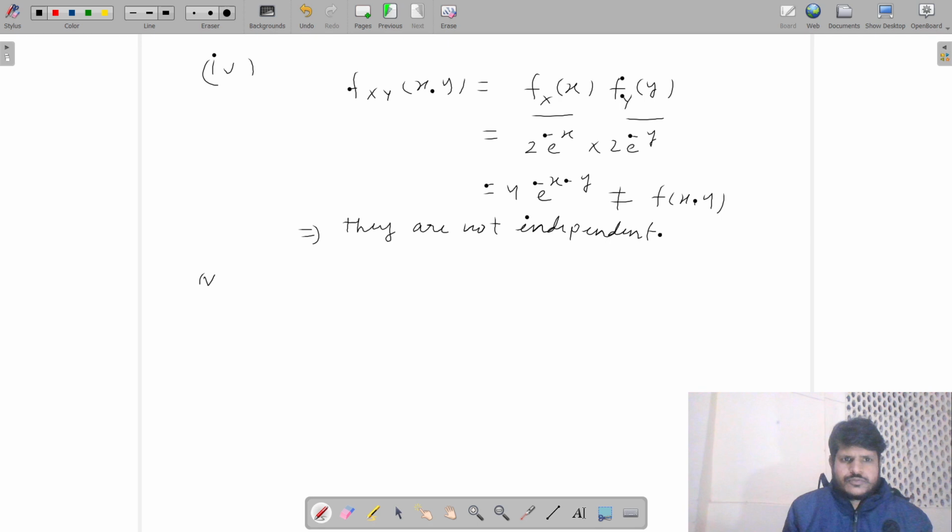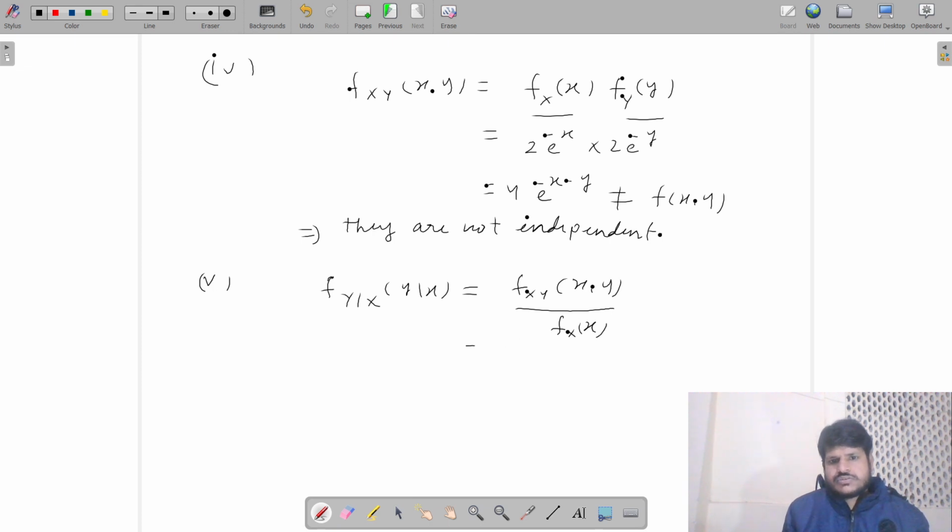Now the fifth one, we have to find the conditional distribution of y when x is given. So you should write the first formula. Conditional distribution of y when x is given, you can write in this form. And this will be their joint one upon the marginal of x.